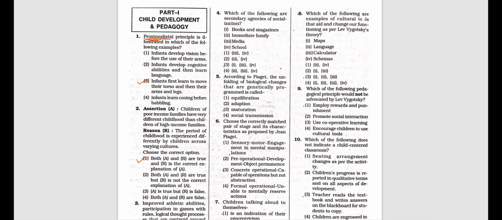So what does question number 4 say? Which of the following are secondary agencies of socialization? Primary, secondary, tertiary. Which of the following is a secondary agency of socialization: books and magazines, immediate family, media, school? Which one? So pause the video and mark your correct answer.